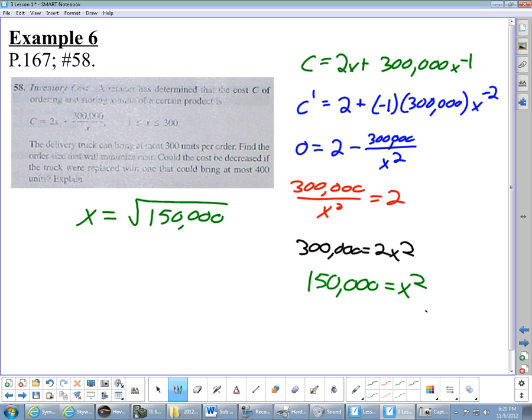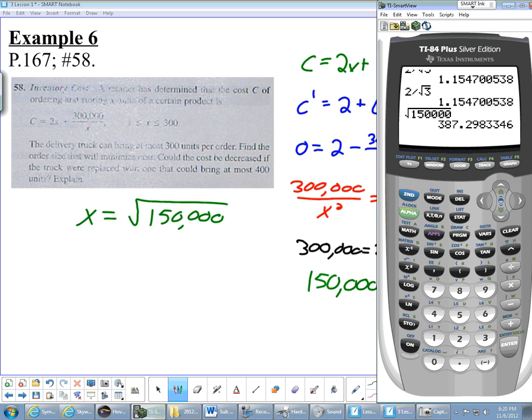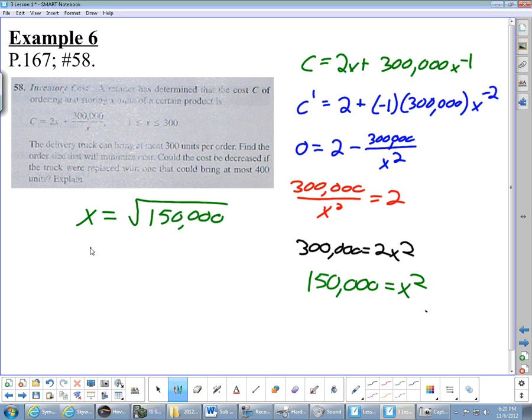I'm just going to double check that I did things right. Take the derivative. Looks good to me. And so this is not on our interval. So I have x is approximately 387 units. But as you can see, our maximum on our interval is 300.